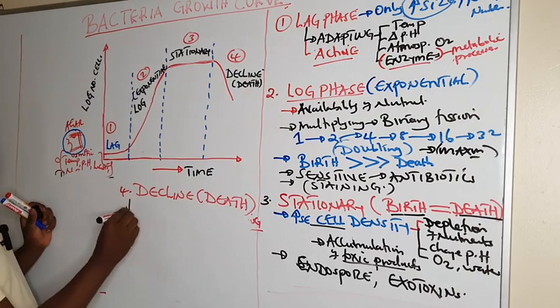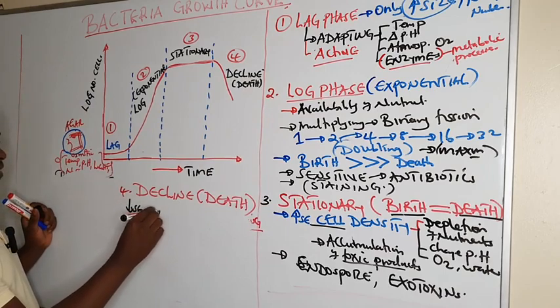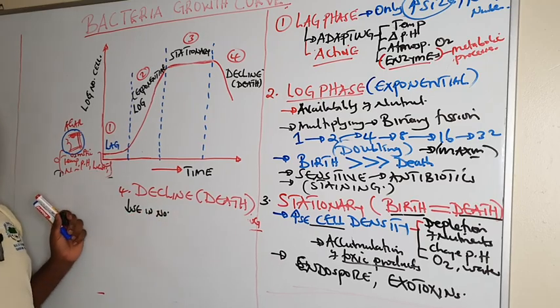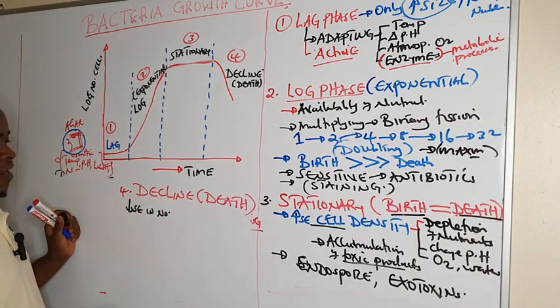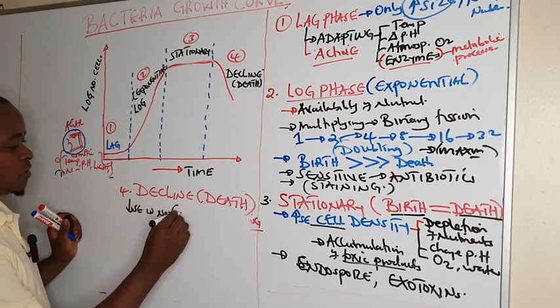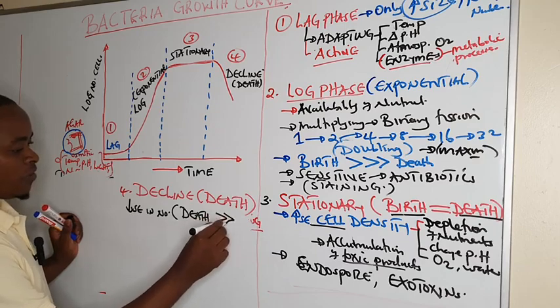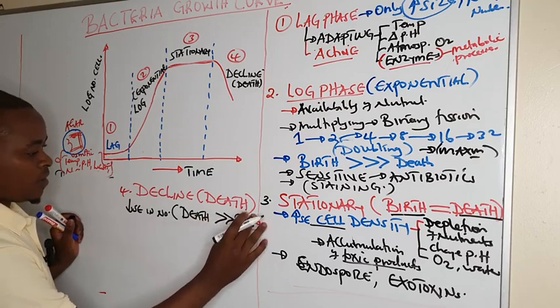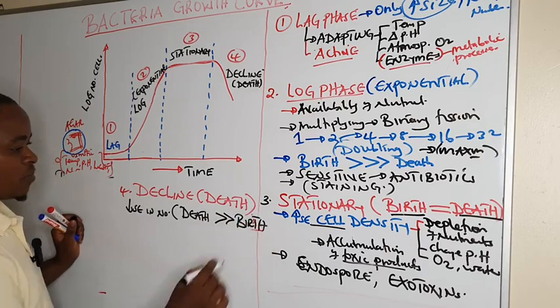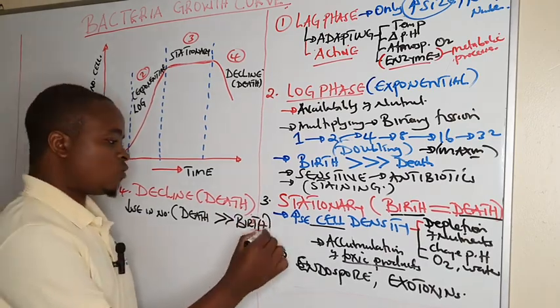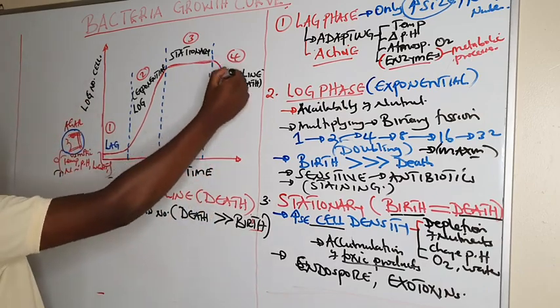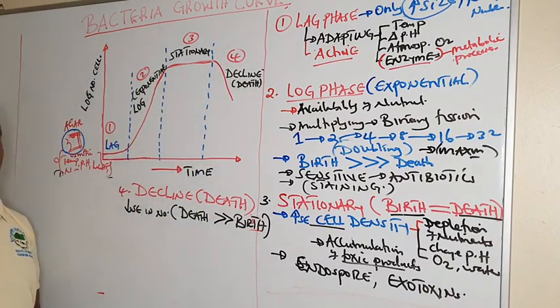There is decrease in the number of bacterial cells, and why are they decreasing? It is because the death rate is far greater than the birth, those which are being produced by binary fission. And that's why we see there is a decrease in the number of the bacteria.